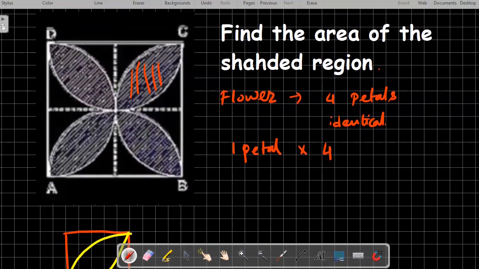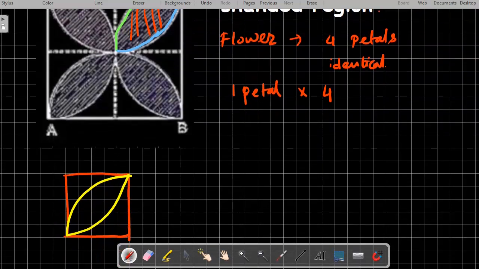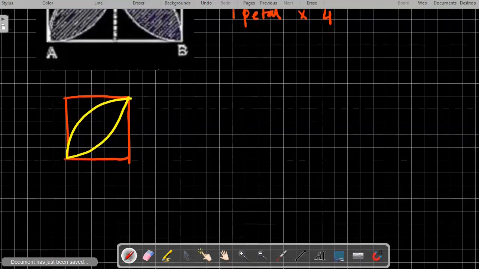Now have you observed one thing? This side of the petal is basically a quarter circle, and this side of this petal is another quarter circle. So now let's find the area of this petal.